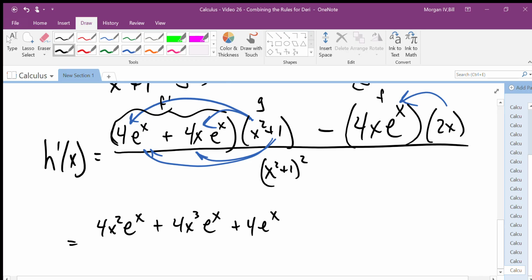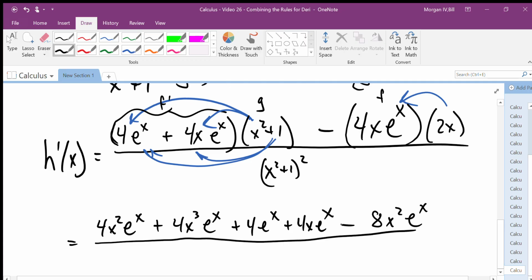And 1 times 4x e to the x would be 4x e to the x. That's that distribution. Minus, no pluses and minuses, so there's no distributing here. There's just 2x times 4x e to the x. That would be 8x squared e to the x, all divided by, don't forget this part either, x squared plus 1 squared.